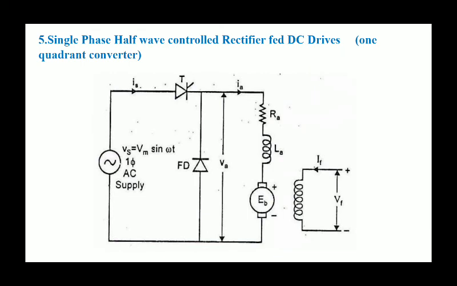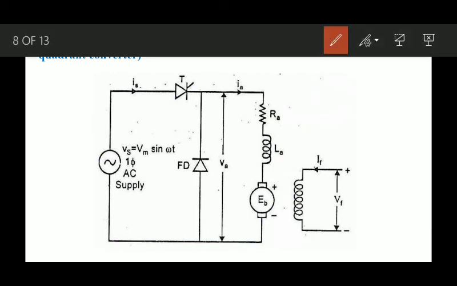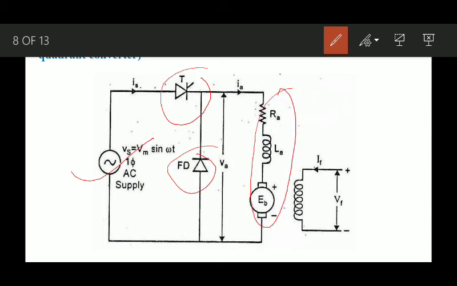This is the single phase half wave controlled rectifier for one quadrant operation. This is the AC source, this is one thyristor, which is half controlled, and this is the freewheeling diode. This is the mathematical model of the DC motor, with armature resistance and armature inductance.